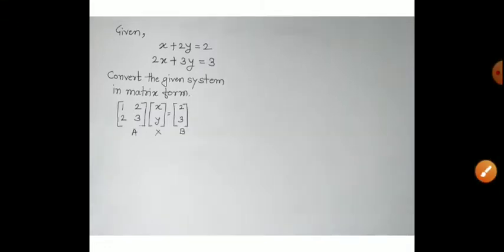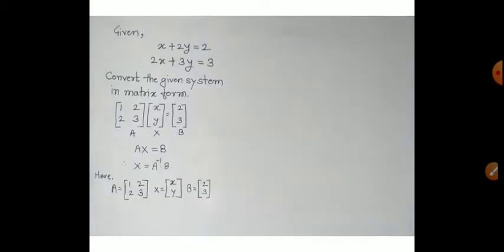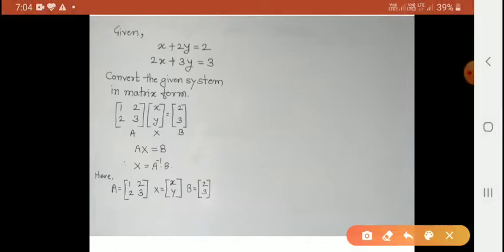Now give names to the matrices. The first matrix is A, the second is X and the third is B. Therefore the equation becomes AX = B. We write the formula directly: X = A inverse B. Here A, X and B are the first, second and third matrices.